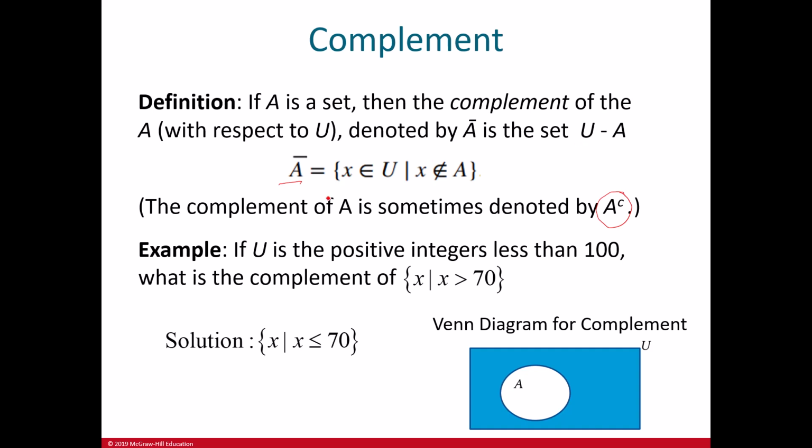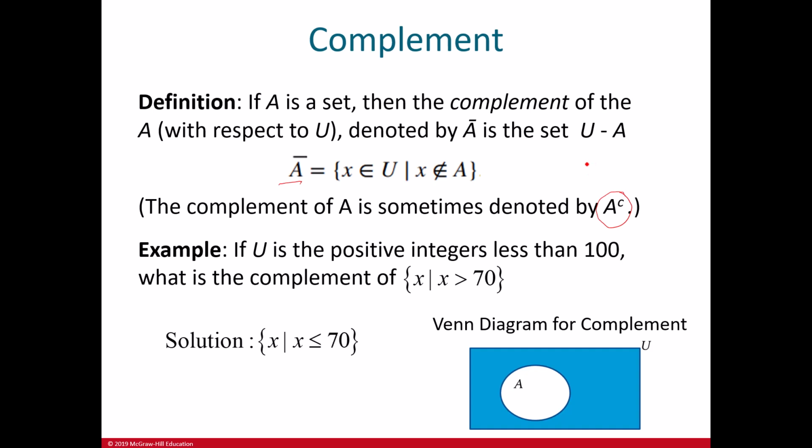So although we might write it this way, A bar, to be the complement of the set A, it is the set of all x in U such that x is not in A.